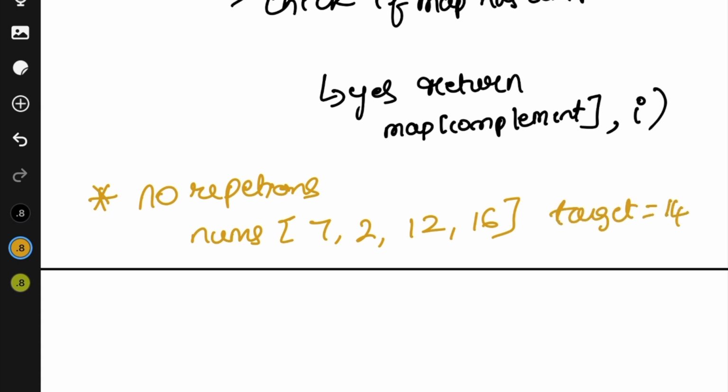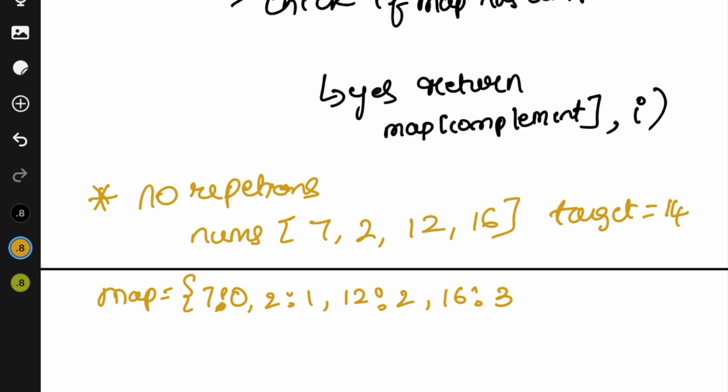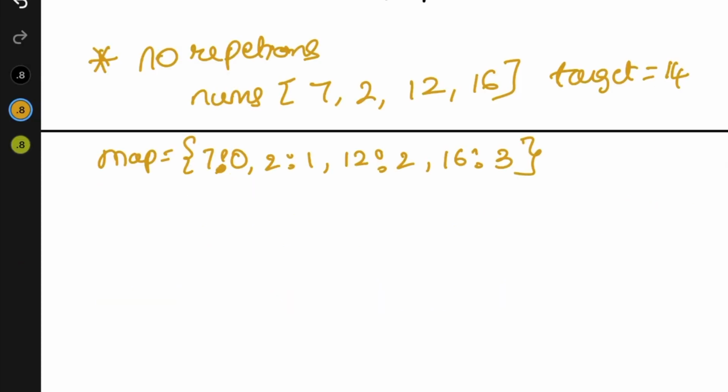So now according to the algorithm, I'll first iterate over the array and create a new map which is going to look like 7, 2, 12, 16. This is our map. After creating the map, we have to iterate over the array and find the complement. So I'll have a for loop which iterates from 0 to n.